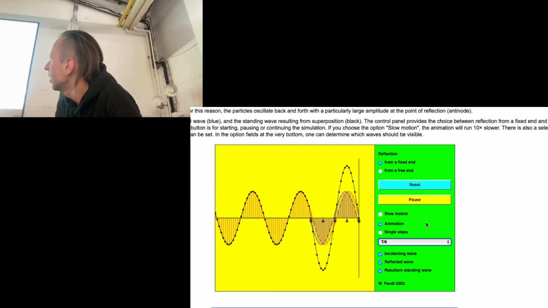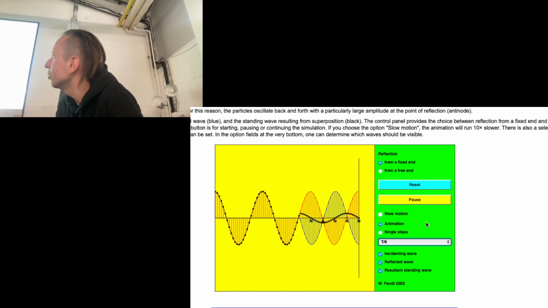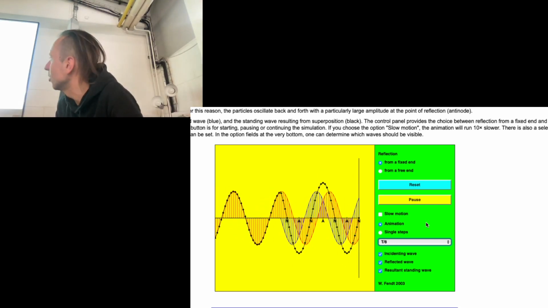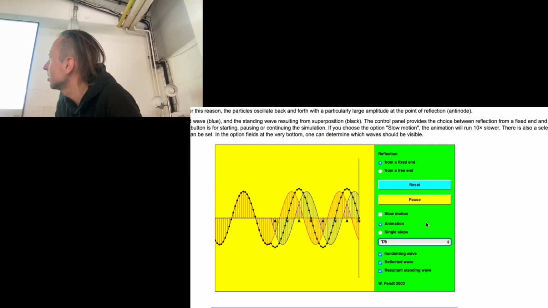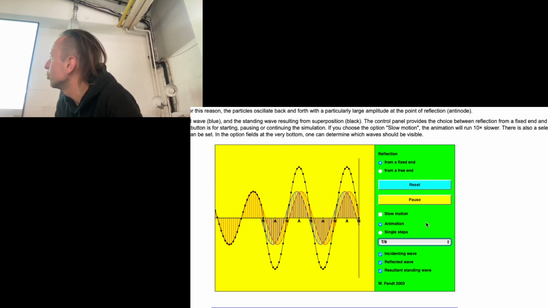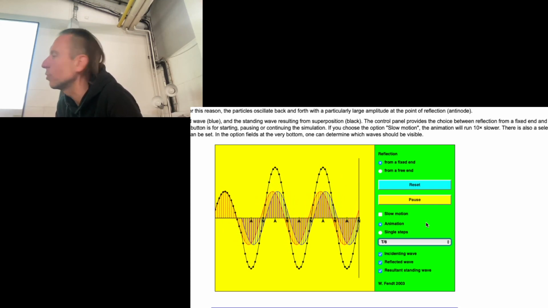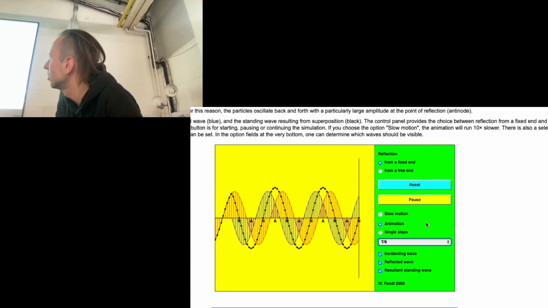And then because it interferes with itself as it reflects, what you're getting is a constructive interference, so you get things to become louder.